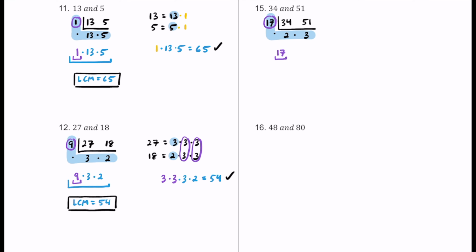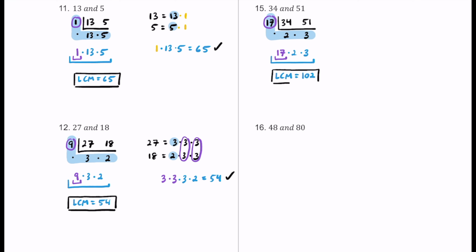So 17 times 2 times 3 should get us our LCM. So all together here, I'm going to do 2 times 3 to get 6, and do 6 times 17. I think 6 times 17, 6 times 10 is 60, 6 times 7 is 42, so I think that's 102. I'm going to put the LCM here is equal to 102.